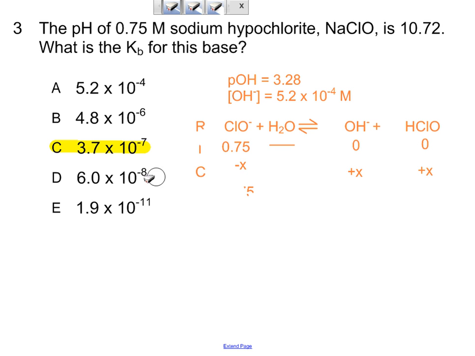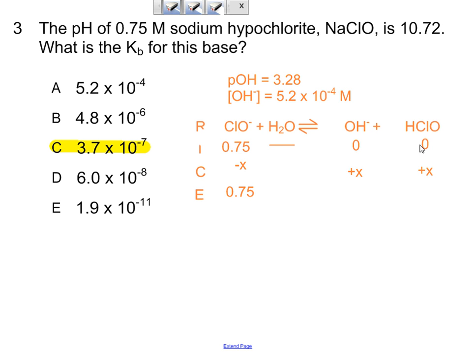If I start my Rice problem, hypochlorite, so when the hypochlorite reacts with water, the hypochlorite is a proton acceptor. It grabs the proton, leaving hydroxide behind.